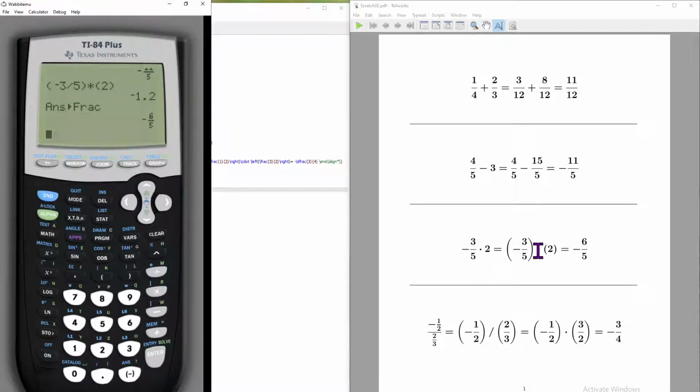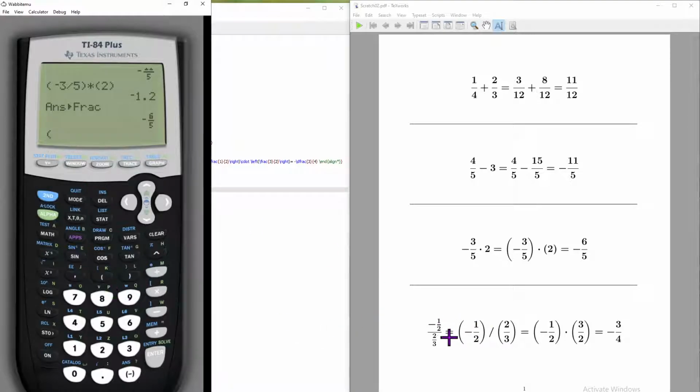So when we're multiplying and dividing fractions, we have to be a little bit more careful by including the parentheses to indicate which fractions should be going together. We see here in the division when I'm trying to do -1/2 divided by 2/3. Here is written out how you would do it by hand, but when I enter into the calculator, I definitely have to be careful about the parentheses.